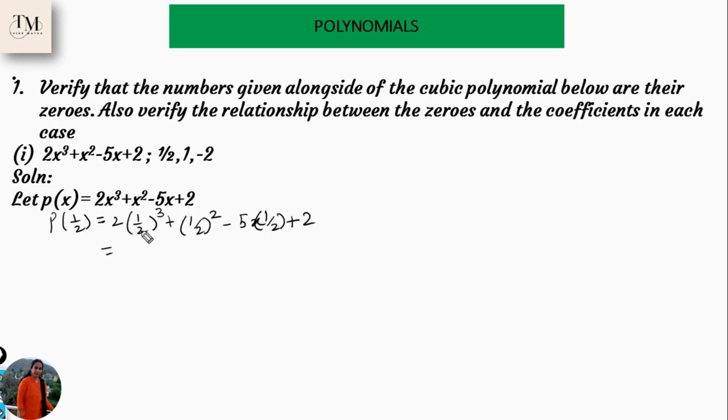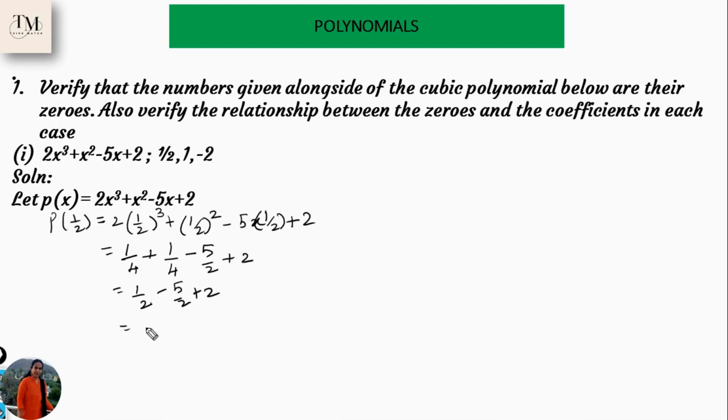So it will be 2 into 2, so 1 by 4, plus 1 by 2 whole square is 1 by 4, minus 5 by 2 plus 2. So 1 by 4 plus 1 by 4 is 1 by 2. So 1 by 2 minus 5 by 2 plus 2.